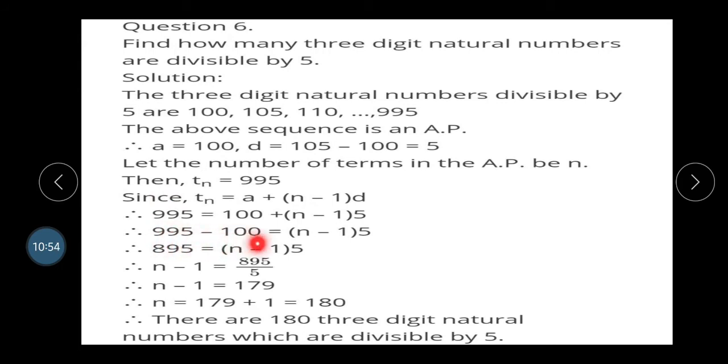So 995 minus 100 equals n minus 1 into 5. 895 equals n minus 1 into 5. n minus 1 equals 895 upon 5. n minus 1 equals 179. n equals 179 plus 1 equals 180. Therefore, there are 180 three-digit natural numbers which are divisible by 5.